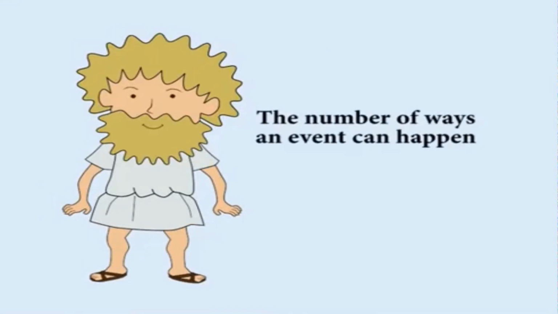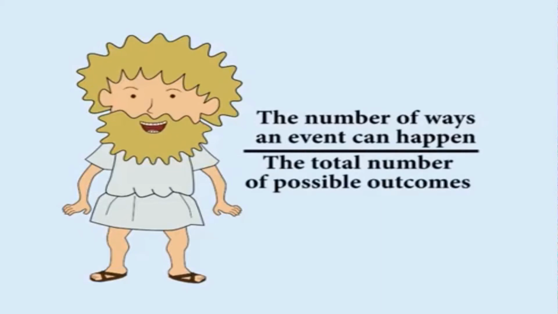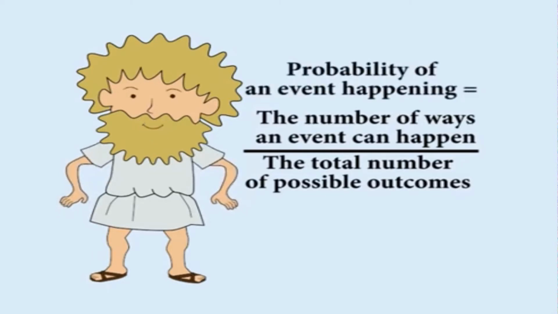The number of ways an event can happen divided by the total number of outcomes gives a fraction. And that's what we mean by probability.